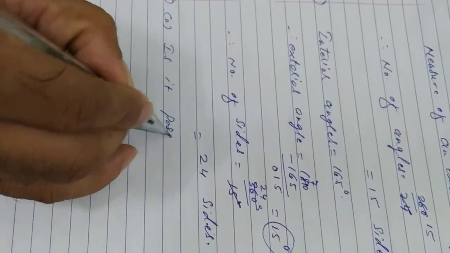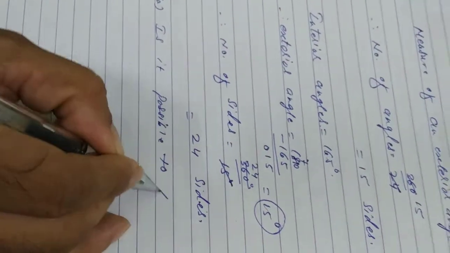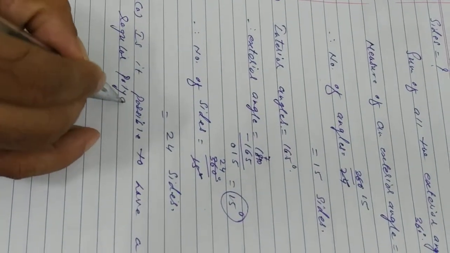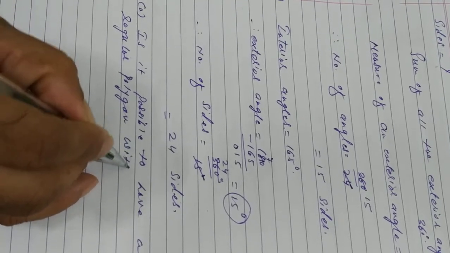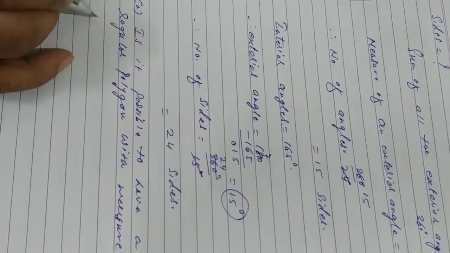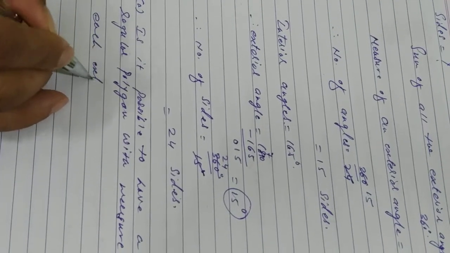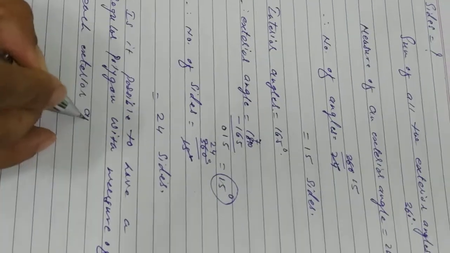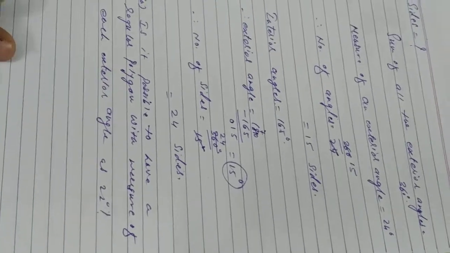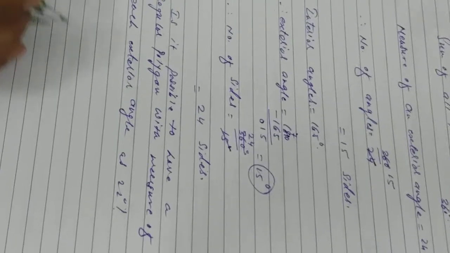Is it possible to have a regular polygon with the measure of each exterior angle being 22 degrees?